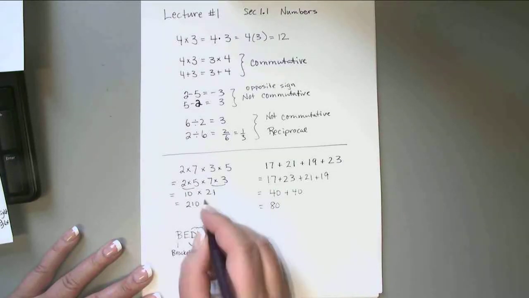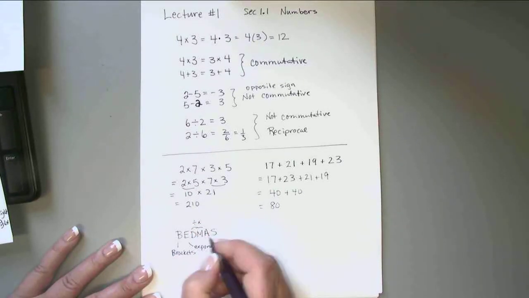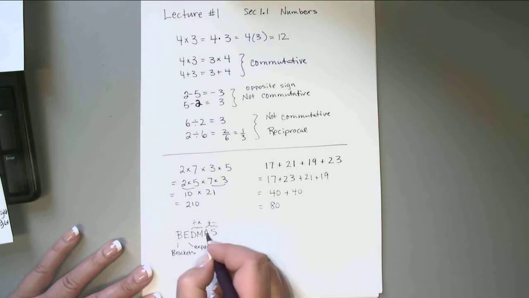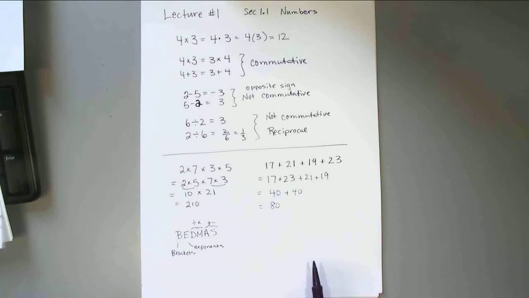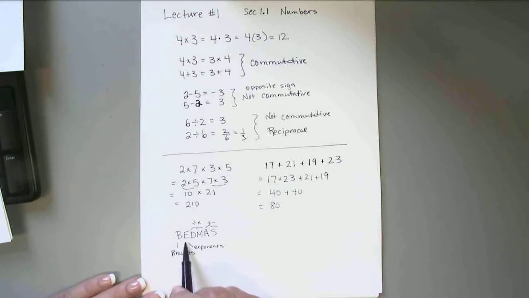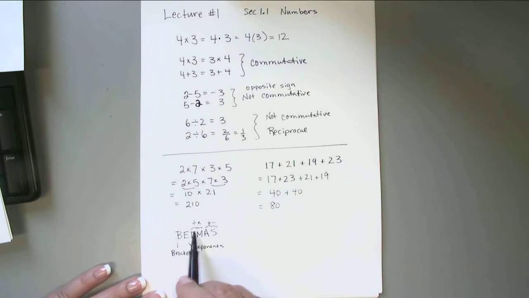These two go together, and it is division and multiplication, and it can be in any order. And then here we have addition and subtraction, and they can be in any order. And so what this is saying is to do your brackets first, then your exponents, and then you do your division and multiplication from left to right, and then your addition and subtraction from left to right.